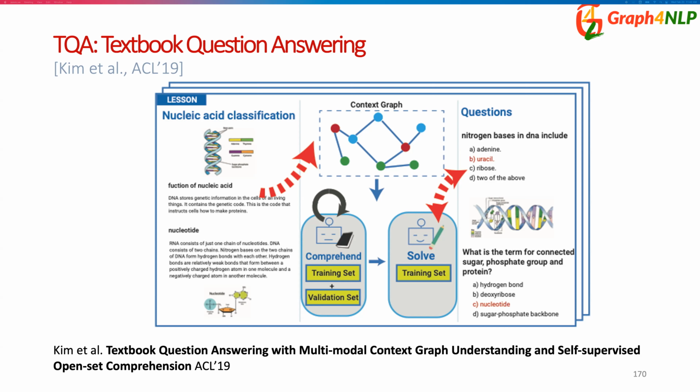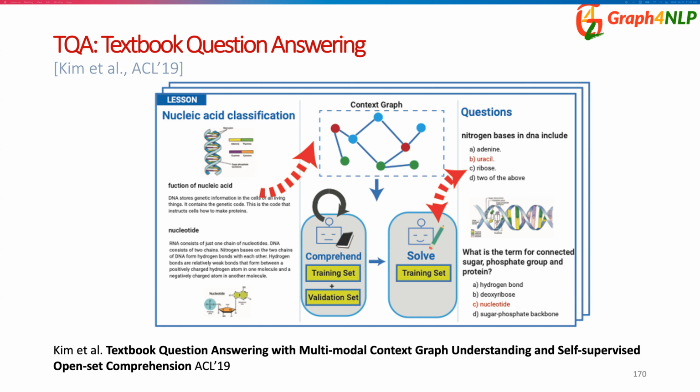Okay, so maybe let's move on. We talked about machine reading comprehension, and one particularly interesting work I want to bring up here is textbook question answering. Instead of reading individual documents, textbook question answering supports question answering over individual books.